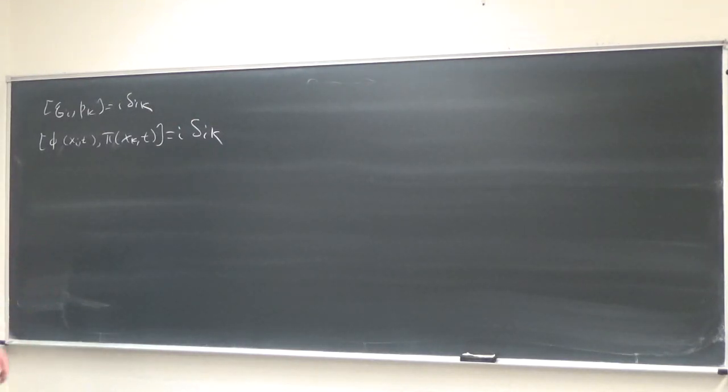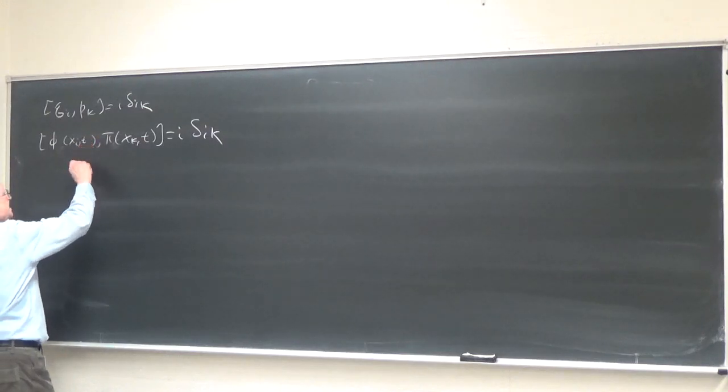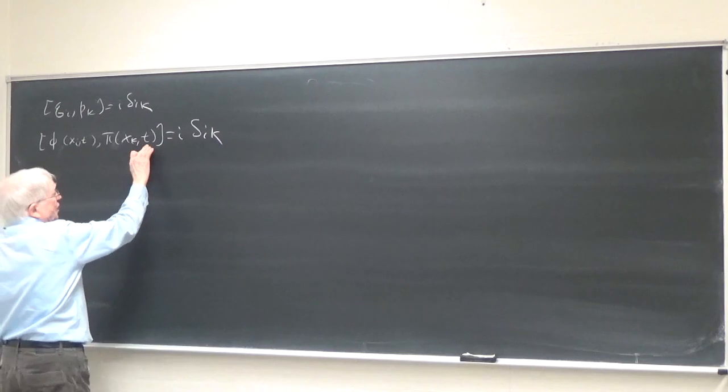So if we put space-time on a lattice, then we can imagine that instead of a continuous variable x, we have a field at each lattice point, phi of xi, at a given time. This t can also be a discrete time if we want.